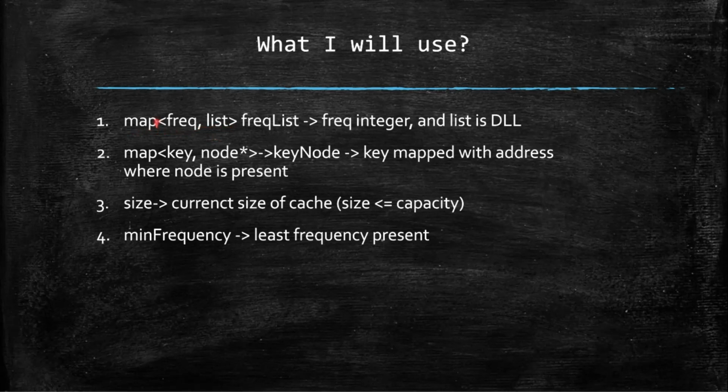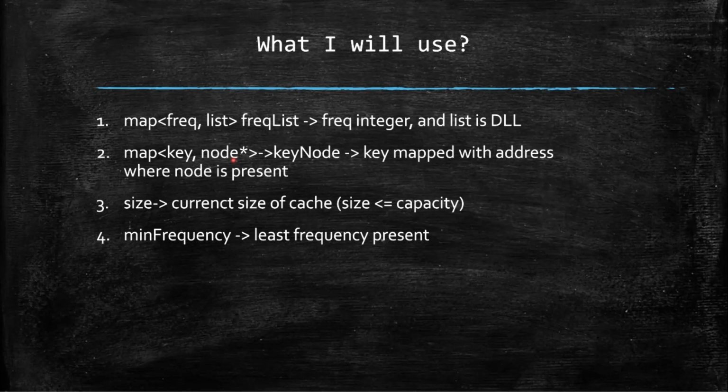So the first map will be a frequency with a list, and this list will be a doubly linked list. In the doubly linked list we have next as well as previous pointers, and another map will be of key and node. This element of the map will contain the address of the node where it is saved, so it is for easier access of the value.